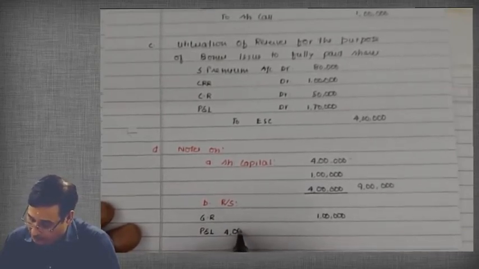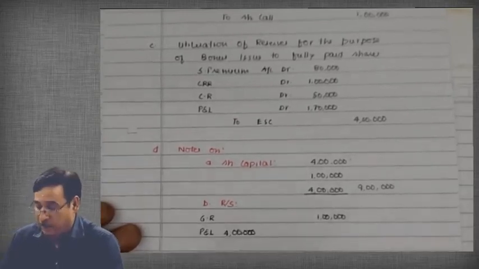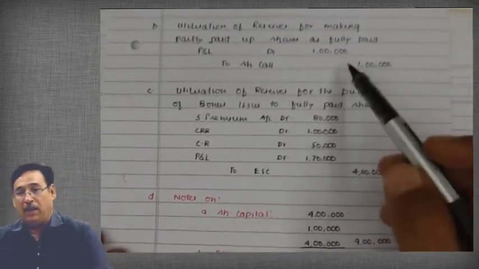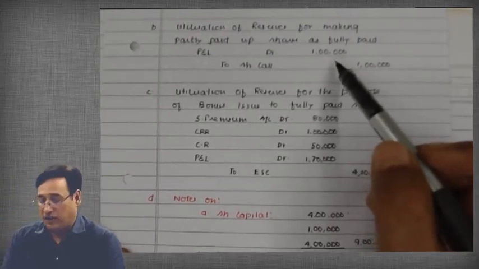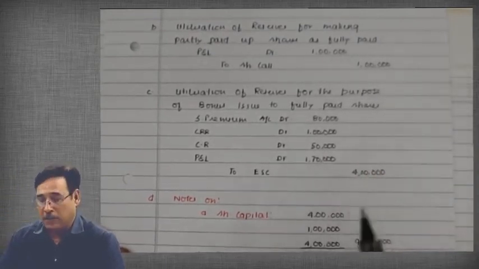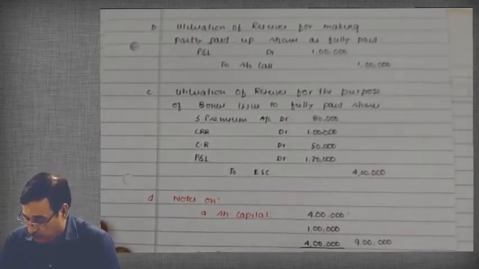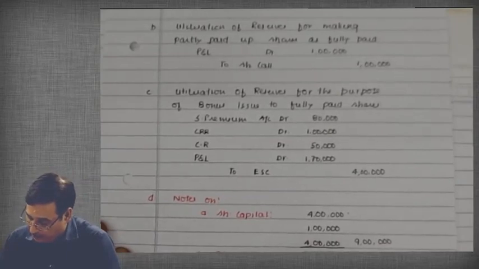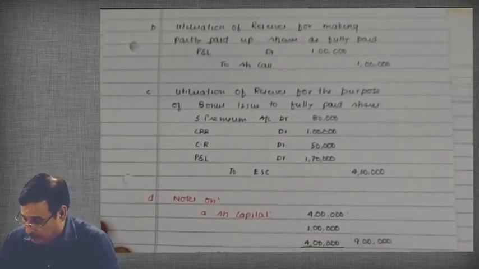As per the balance sheet, there is a balance of 4 lakh, but we utilized P&L first here to the extent of 1 lakh and then over here to the extent of 1 lakh 70,000. So I will subtract 1 lakh and 1 lakh 70,000. So out of 4 lakh, 2 lakh 70,000 have been utilized. So there is still a balance of 1 lakh 30,000 in profit and loss account.